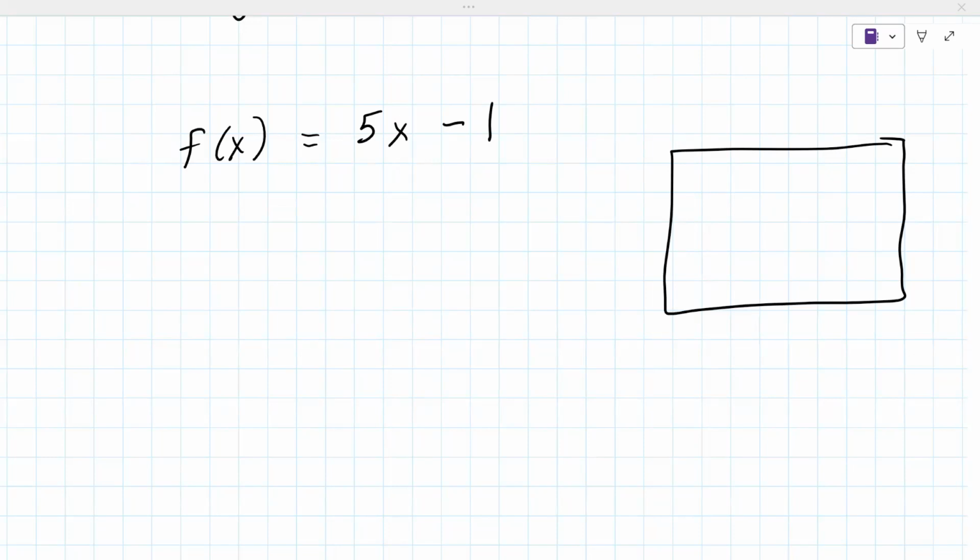Y equals x plus 1 divided by 5. Very good.